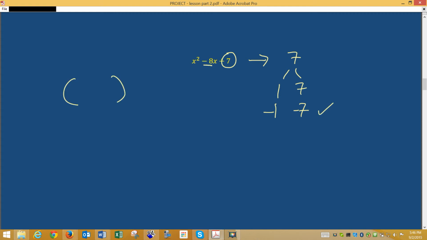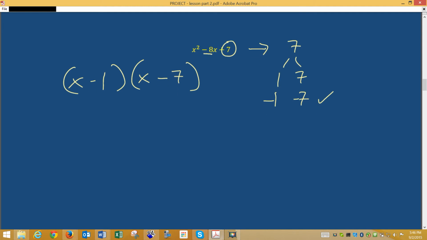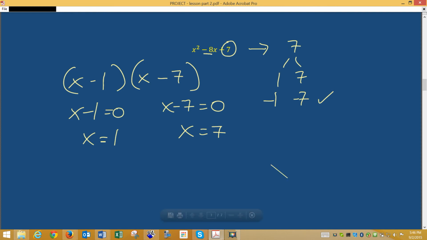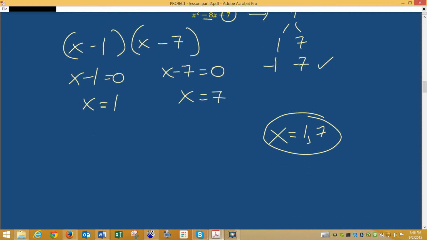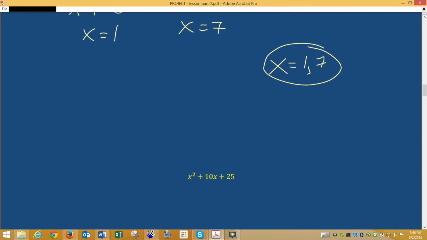So I need my 2 sets of brackets, x in the front of each. And my numbers I came up with were -1 and -7. So setting each equal to 0, adding 1 to each side, add 7 to each side. So x equals 1, 7. And you can check your answer to make sure, but I'm just going to move along to another example.